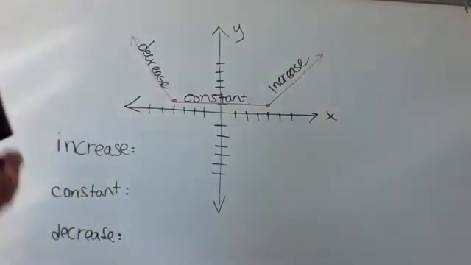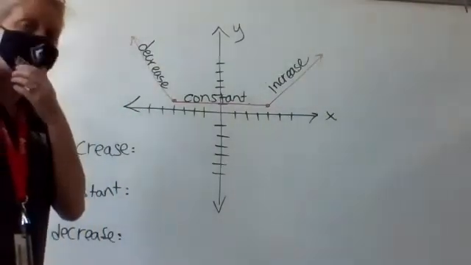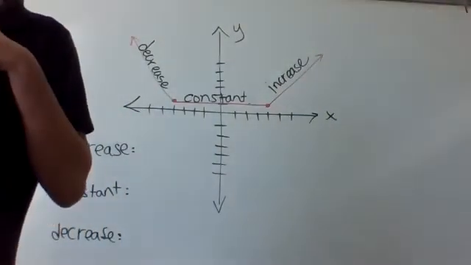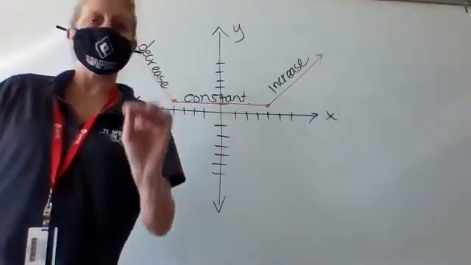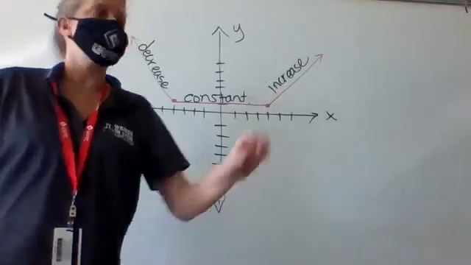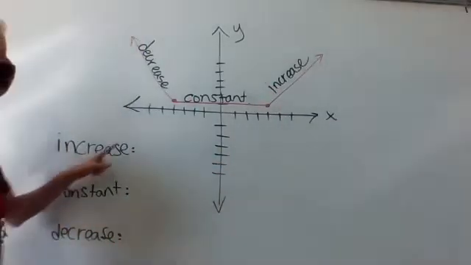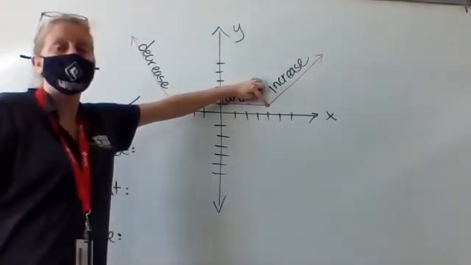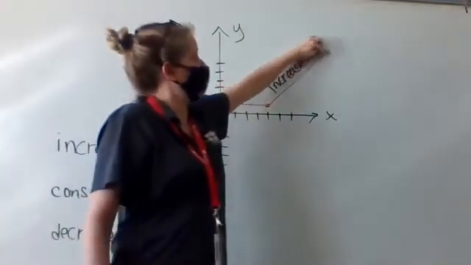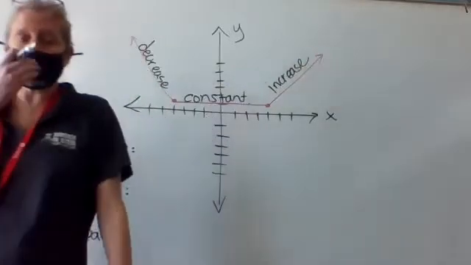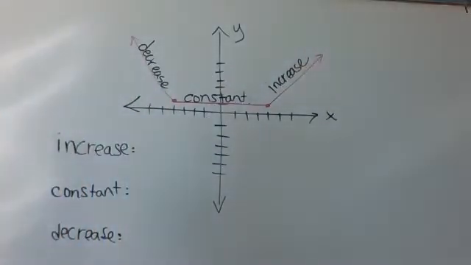The reason I'm talking about the X's is because that's what you're going to use when you're talking about increasing and decreasing when you're naming the intervals. You're going to name the points at which that changes. So let's see, where is it increasing? It's increasing starting here. And then it goes up and to the right forever, which means it increases to infinity, right?